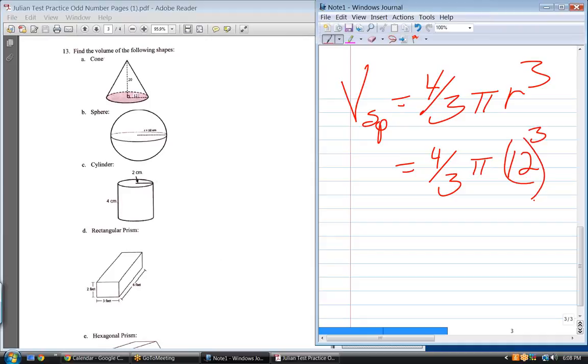I just want to make sure you can do it. You got a calculator, right? You're always going to do this on a calculator. Go ahead and do it. Alright, so 1,728. Is that the answer? No, that's just 12 cubed. 1,728, and then I've got to multiply that by 4/3 pi.